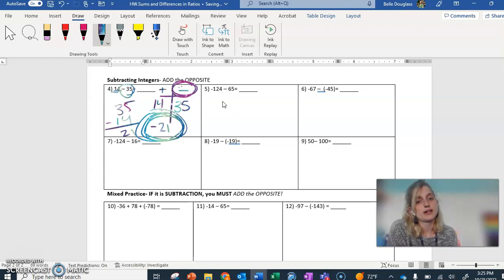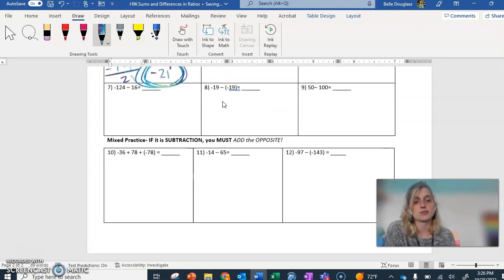Just remember that when you have a minus and negative, two bad things are actually good. They make a positive. And you can do the same steps when you have multiple, more than two really, integers. You're just adding them all up if they're the same value. Negative 36, that's 36 on the negative side. Positive 78 plus a negative 78. If you see it ahead of time, maybe you could say, positive 78 and negative 78, that's going to create 78 zero pairs.